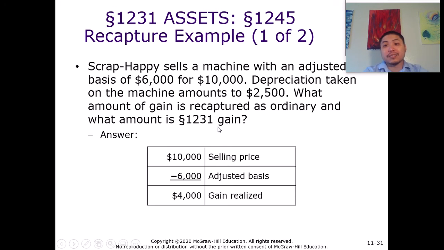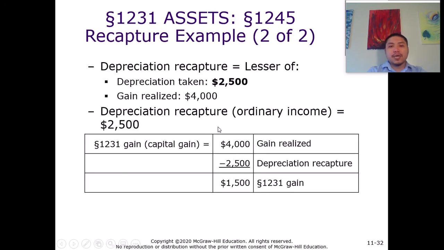It's going to be taxed at a preferential rate, right? So, like what we just talked about, the $2,500 is going to be treated as ordinary income because it is subject to the depreciation recapture rule, and the $1,500 is going to be treated as Section 1231 gain. It's going to be taxed at the preferential rate. All right.